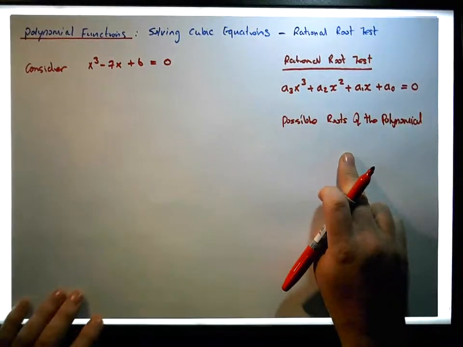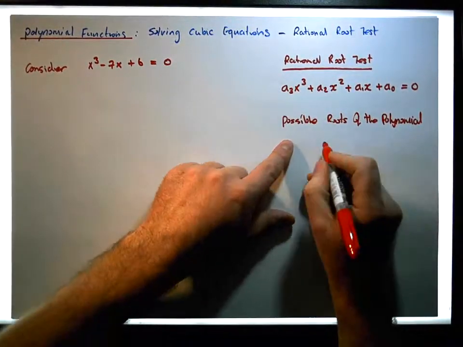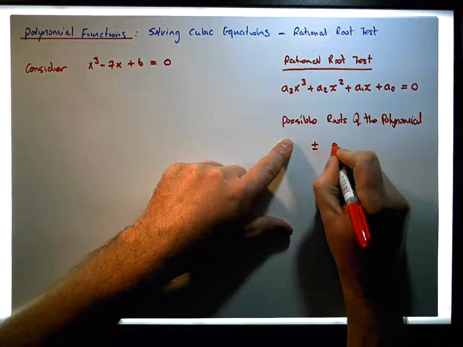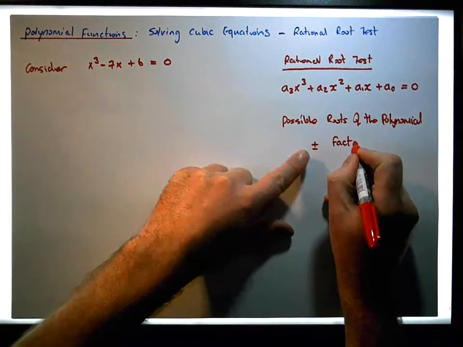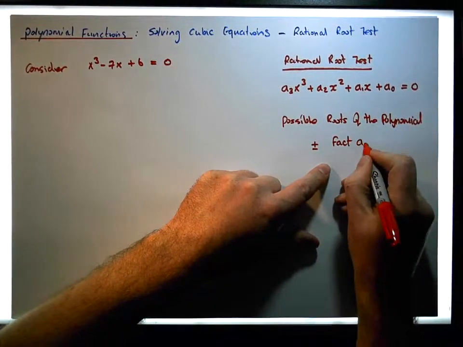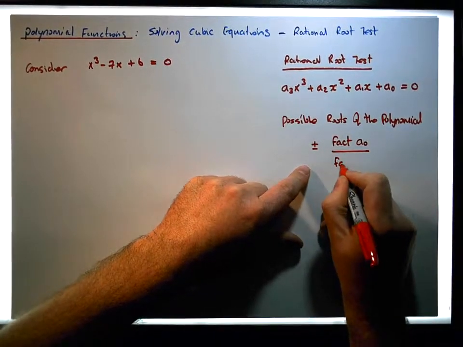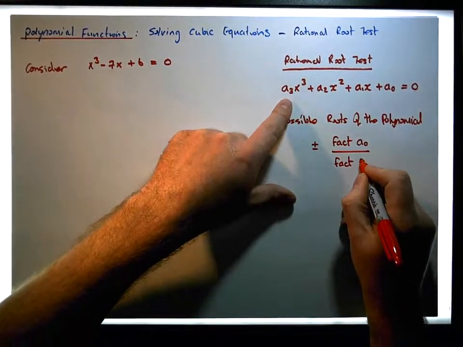What the rational root test tells us is that the possible roots of the polynomial function are plus or minus the factors of a0 divided by the factors of a3 in this case.